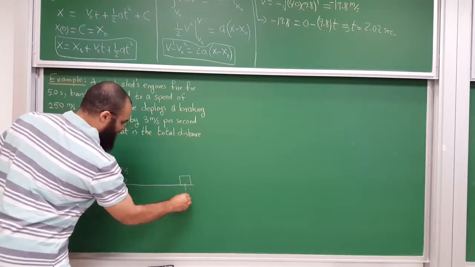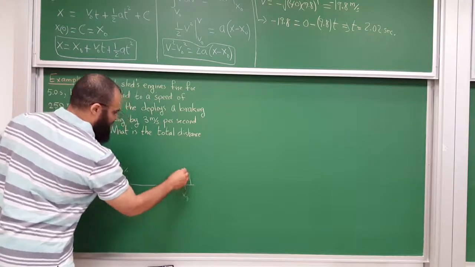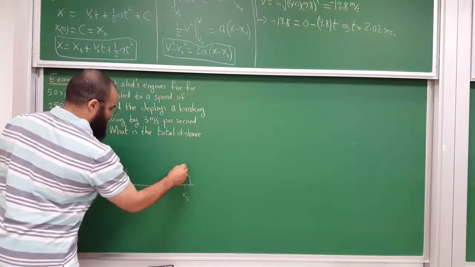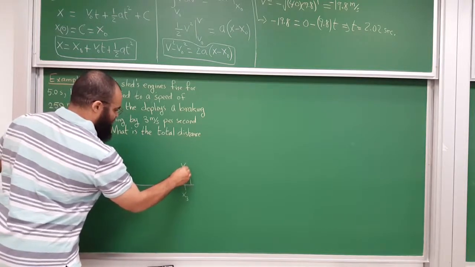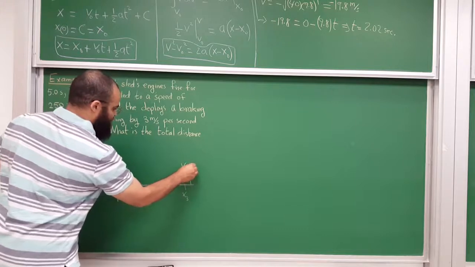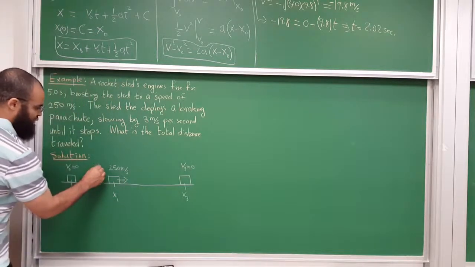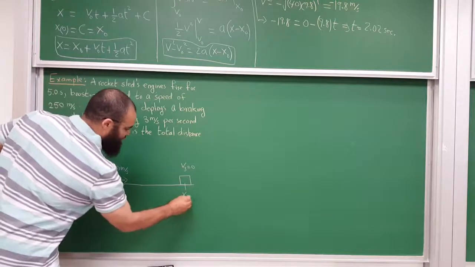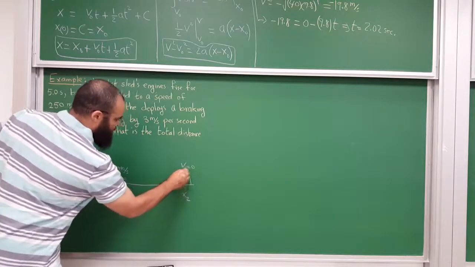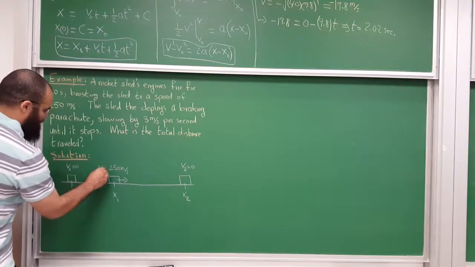I will call it x3, and then it comes to rest. Let me call this V3 equals 0. And this one here, let me call this one x2. This is v2, and this is v1.